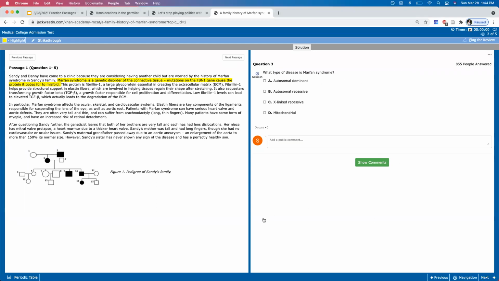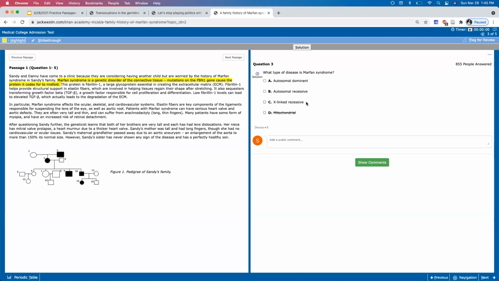Okay, what did you guys put for 3? Okay, cool. So it's not mitochondrial, because that means it's passing from the moms, and we don't see that.